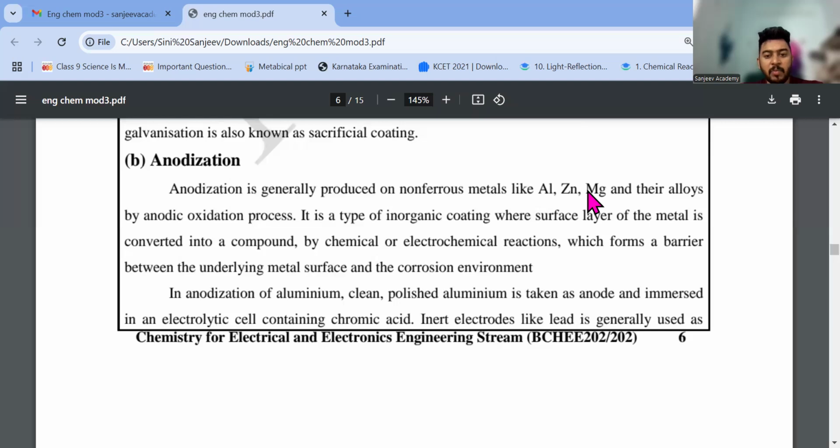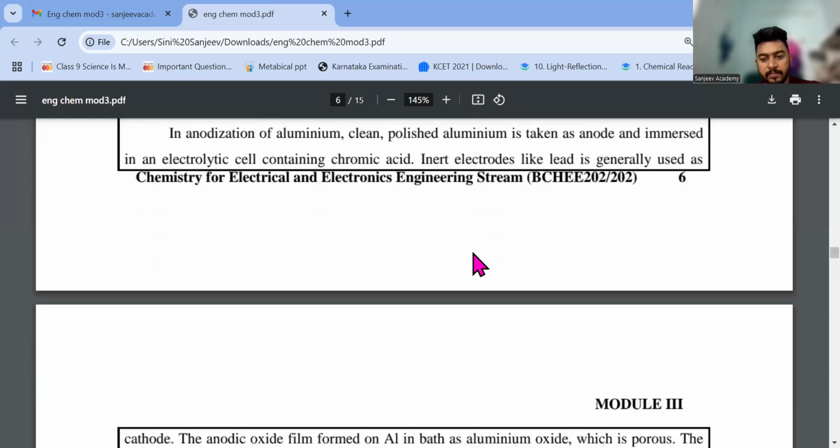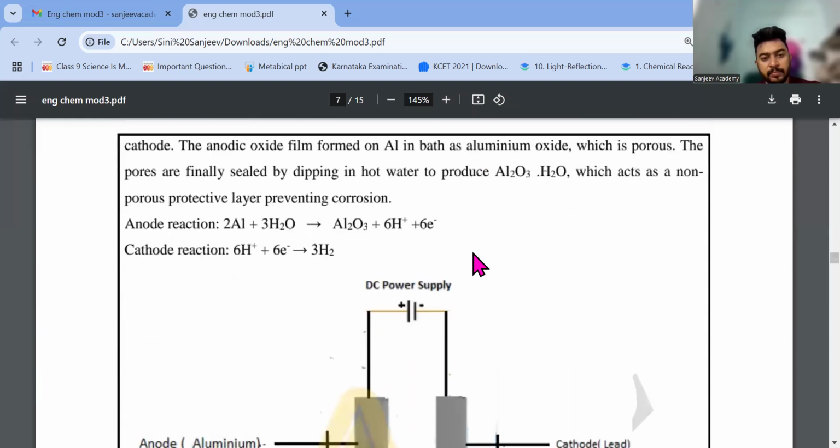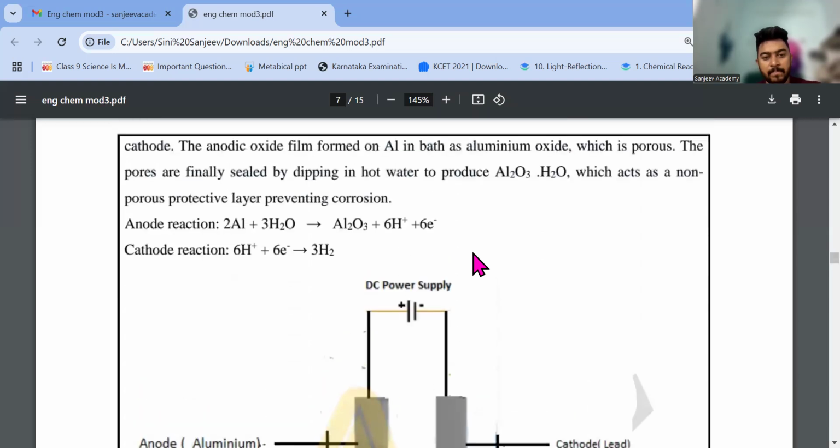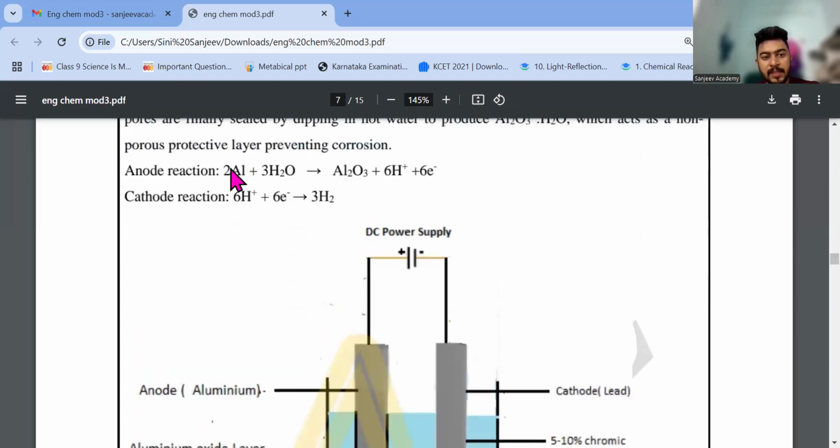Okay, one single compound will be formed. And you can see here the single compound Al2O3. This compound acts as a protective layer.